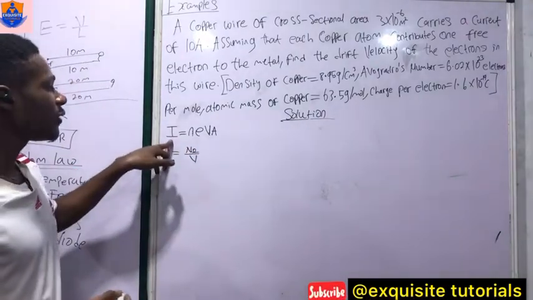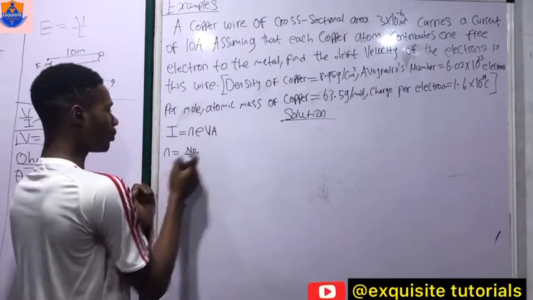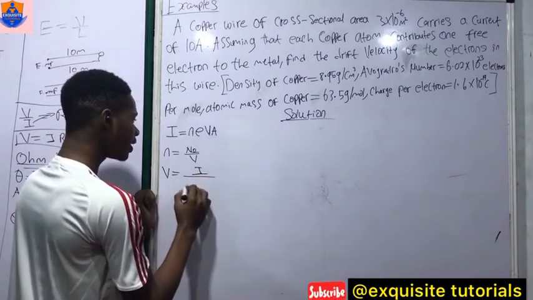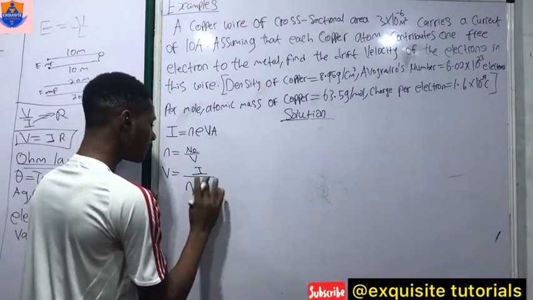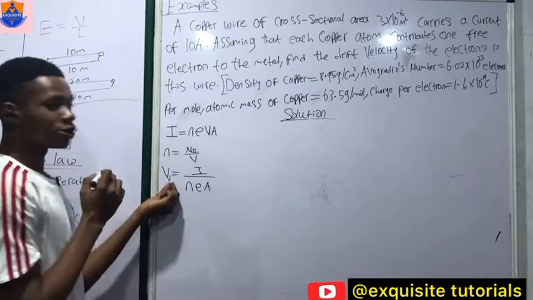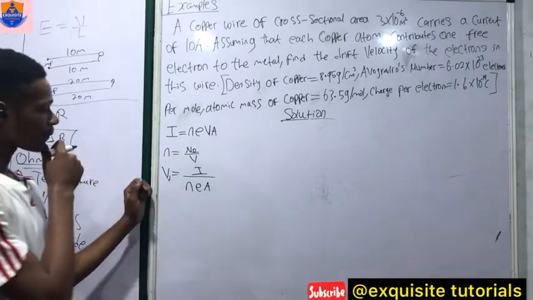Now, we are given the current and V is the drift velocity. If I make V the subject of the formula, I will have V is equal to I divided by NeA, where V, I'm putting a little subscript, indicates drift velocity.